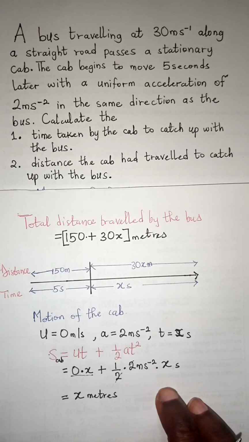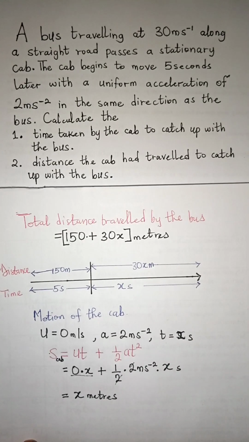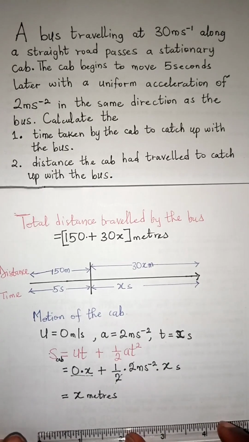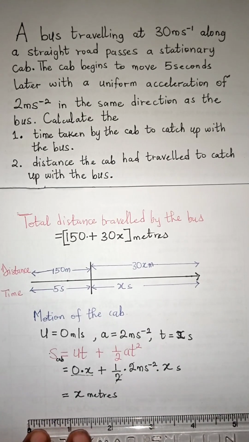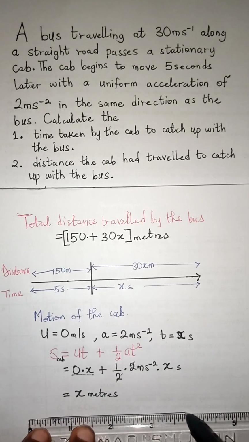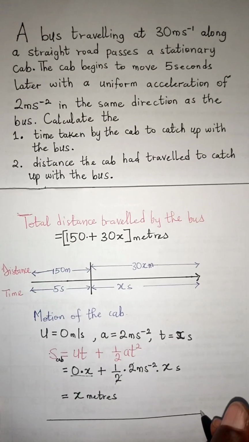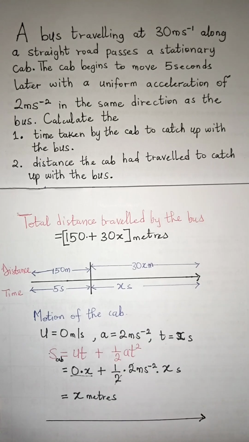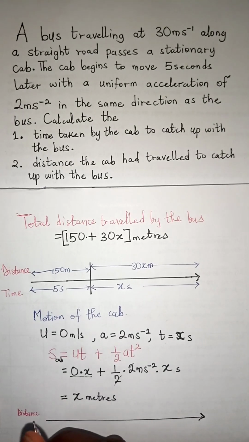We may also wish to make an illustration of the motion of the cab as well. However, in the case of the cab, the journey is only in one part, just starting and catching up with the bus. In terms of the distance covered, it is x meters.